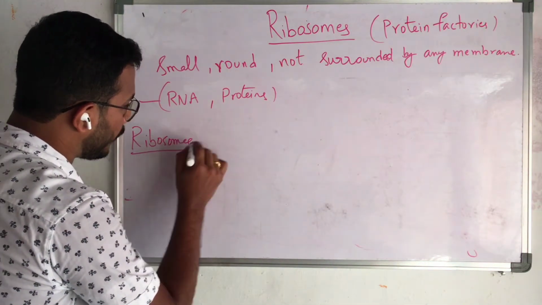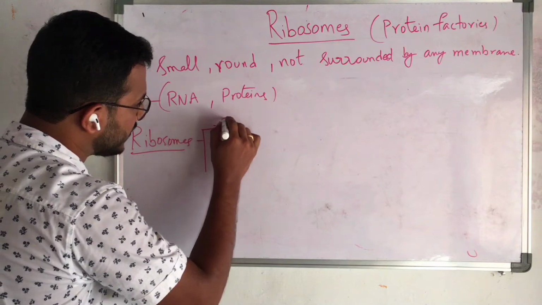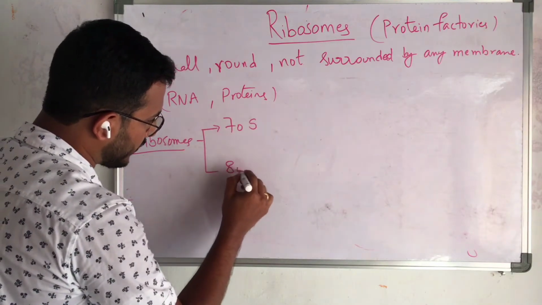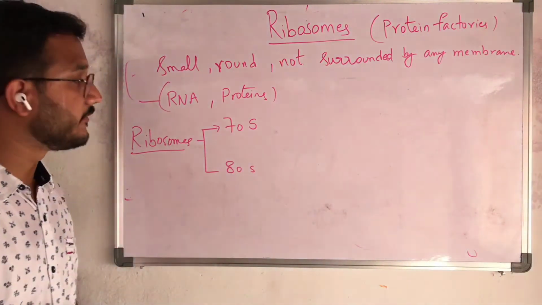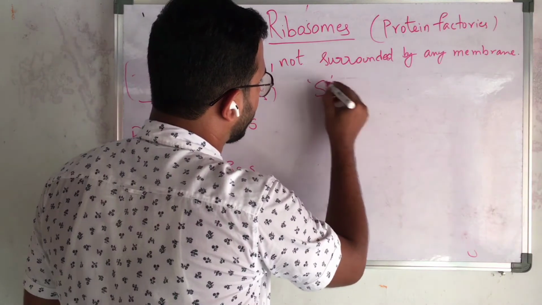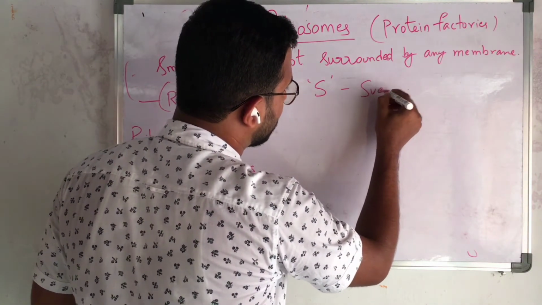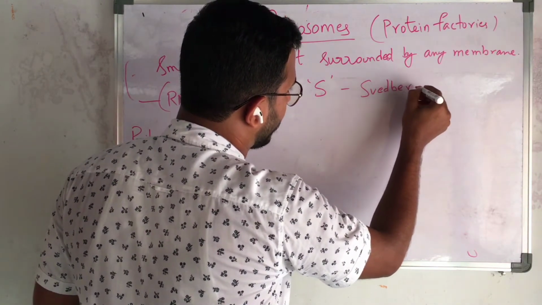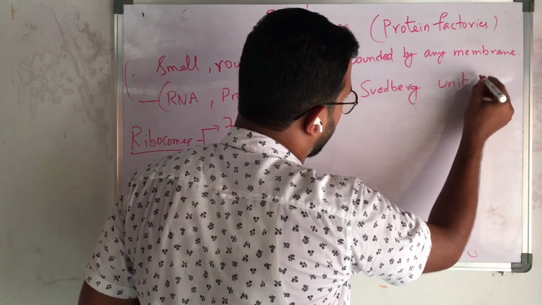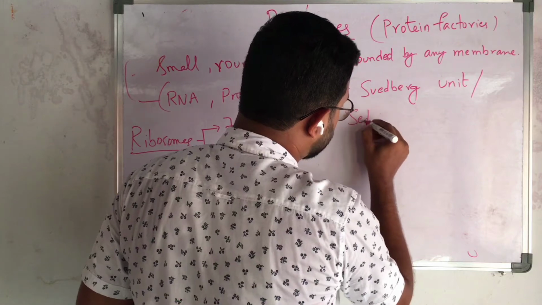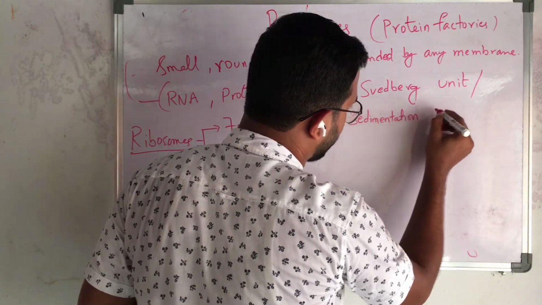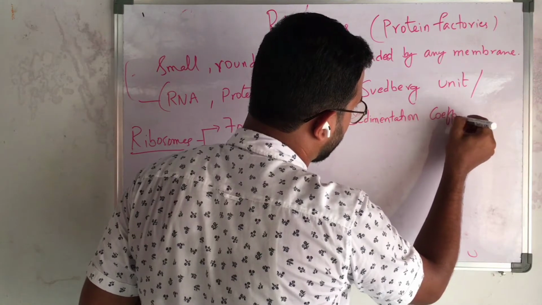Ribosomes are mainly of two types: 70S type and 80S type. So we will see what S is. This S is the Svedberg unit, or sedimentation coefficient.